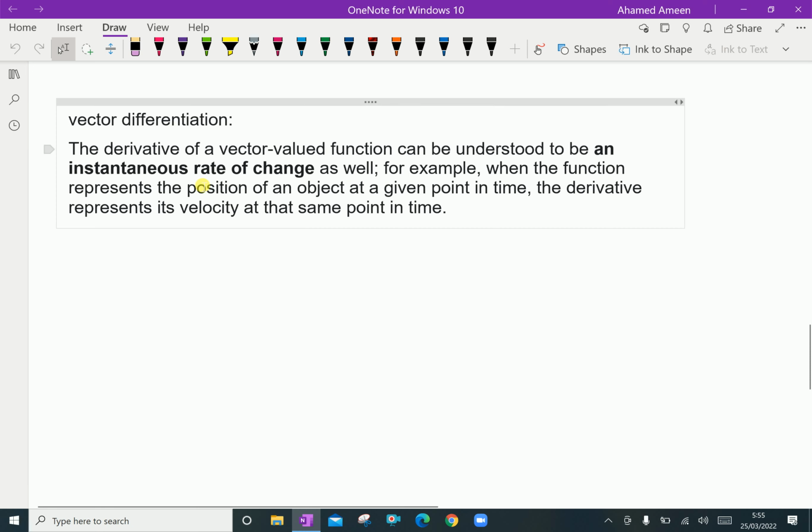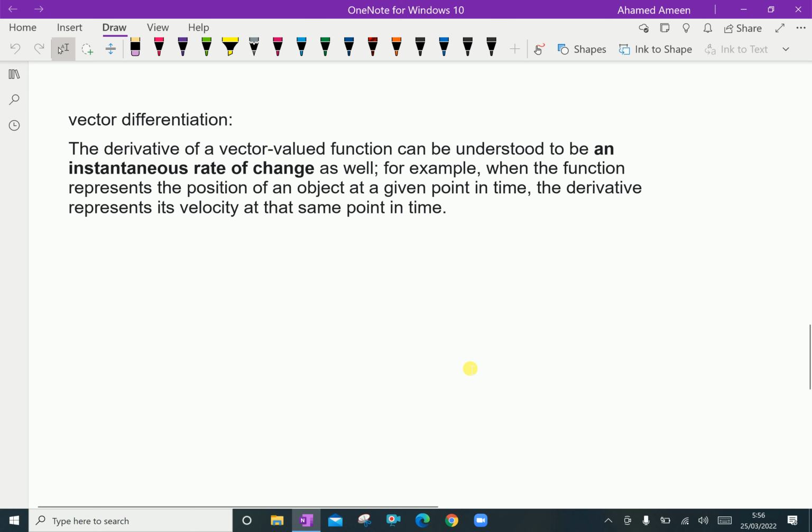Next, what is vector differentiation? The derivative of a vector valued function can be understood to be an instantaneous rate of change as well. For example, when the function represents the position of an object at a given point in time, the derivative represents its velocity at that same point in time.